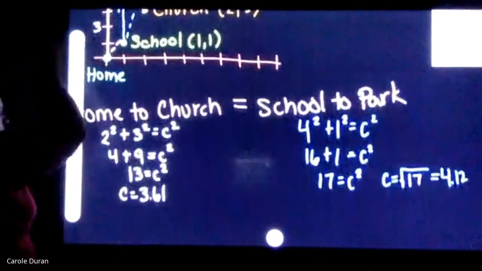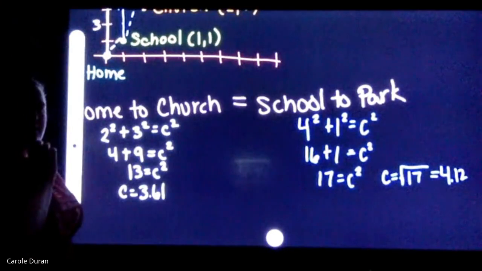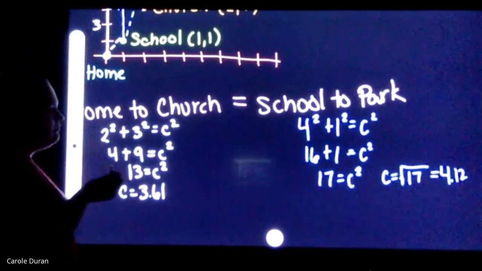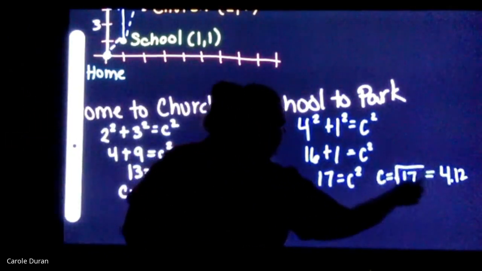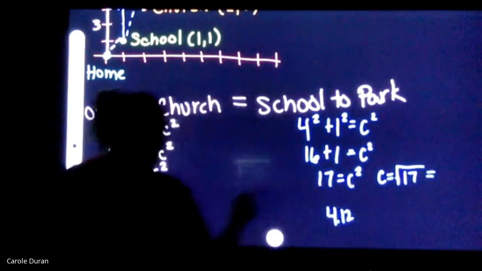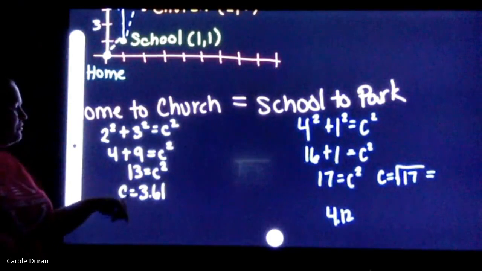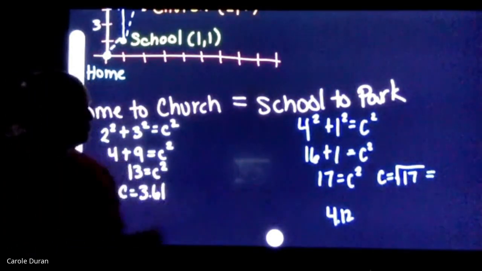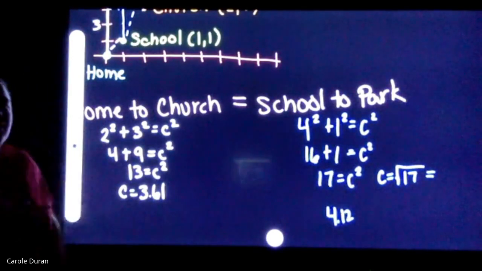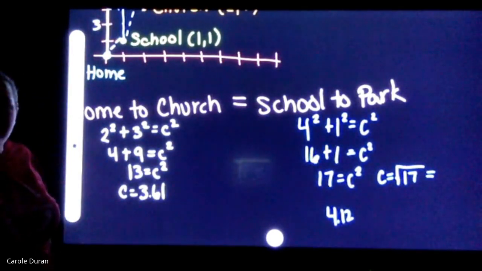Once I've calculated both distances, I just need to compare them now. So my distance from her home to the church was 3.61, but her distance from the school to the park was 4.12. Are those two numbers exactly the same?